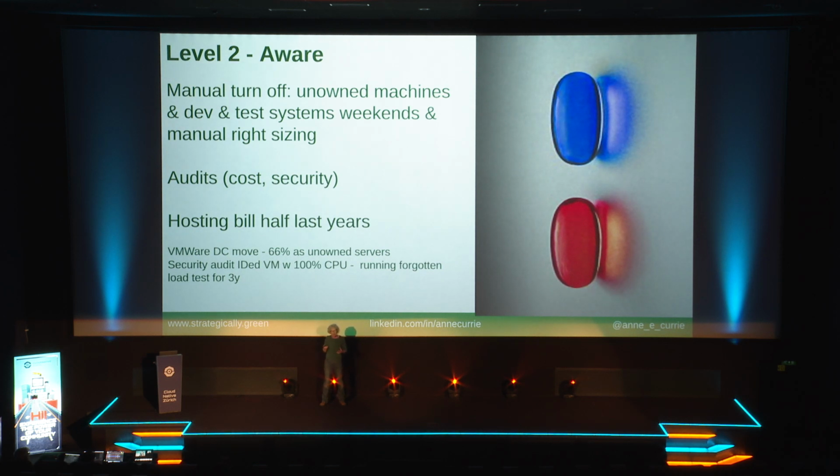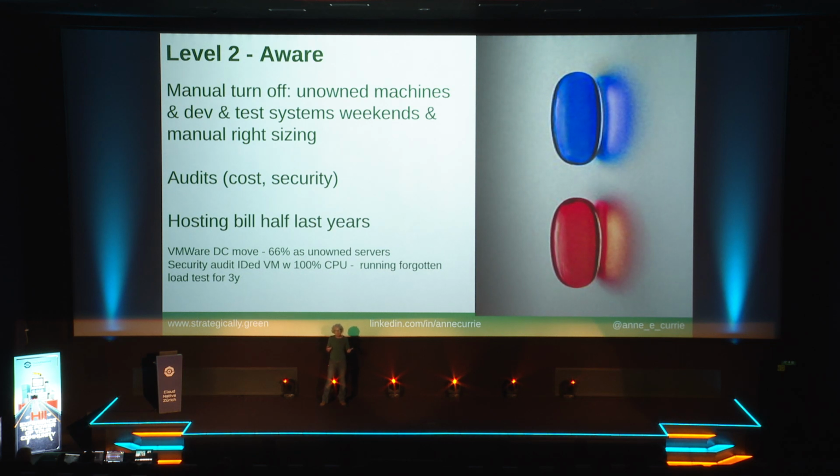Because not only are they wasteful in terms of carbon and cost, you're paying for them, they are a security hole in your system. If you're not looking after them, not watching them, not keeping them patched, they are the way that hackers get into your system. This level 2 of the maturity matrix is often associated with thriftathons, people going through and trying to cut their carbon bills.